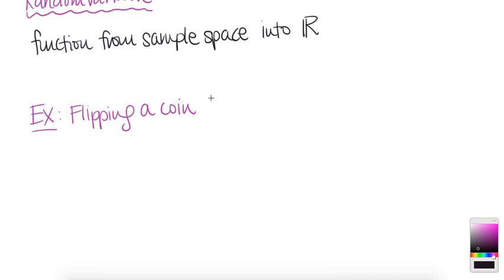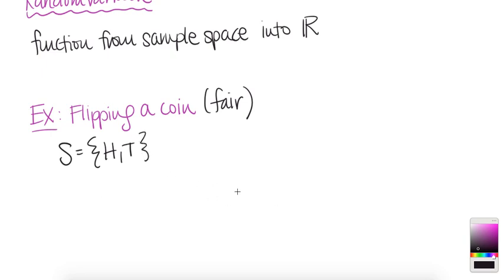We're flipping a coin, and we're going to assume that this is a fair coin. So do me a favor and remind me, when we're flipping a fair coin, what's the sample space? And I'm going to pretend that everyone, while they're watching this video, says the sample space is heads and tails.